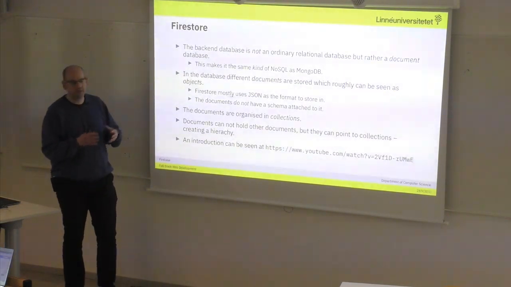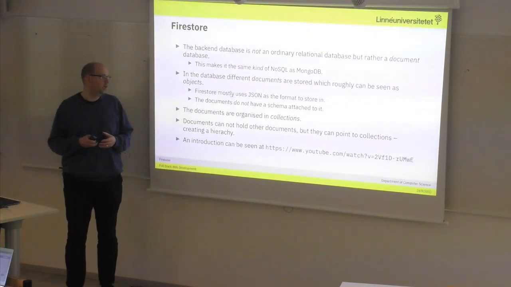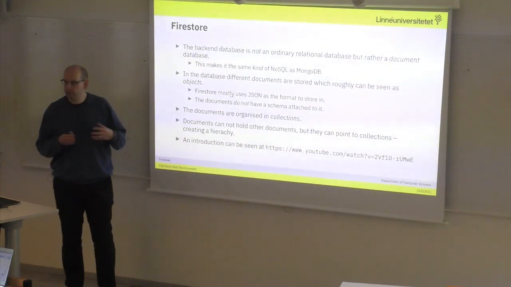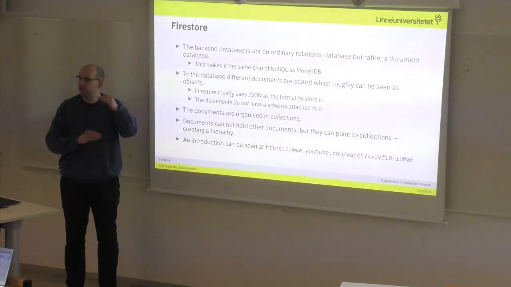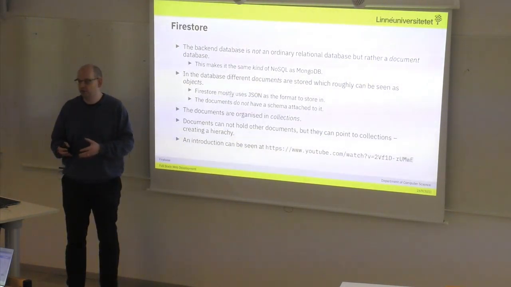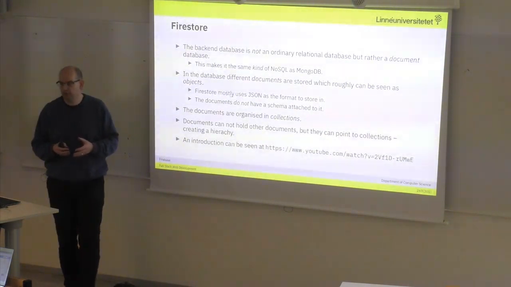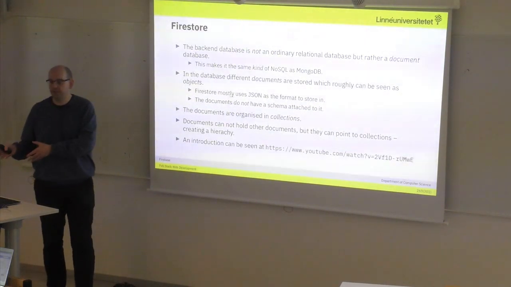That's because JSON is a preferred format, and we don't have a schema attached to it, meaning that we don't have a predefined way of what this object looks like.